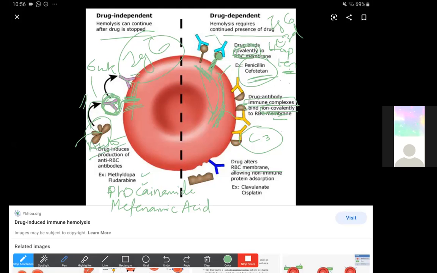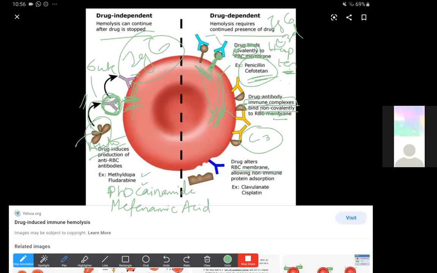Once this complex is formed in the serum, it could be detected in a serum reaction only in the presence of the drug or its metabolite. So only when the drug and its metabolite are present and the antibody is bound to them in the serum would this reaction be positive.